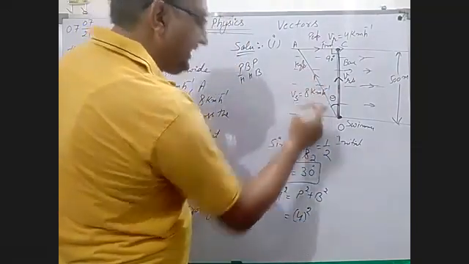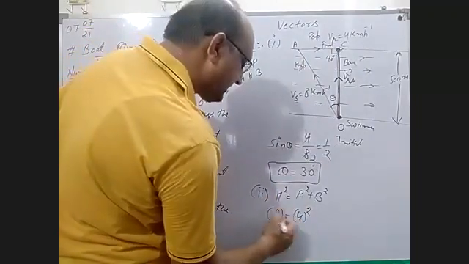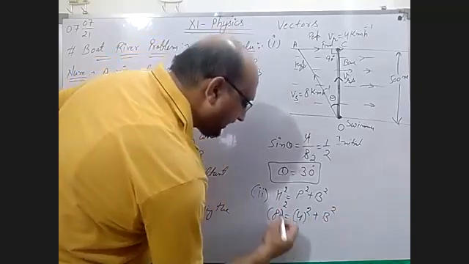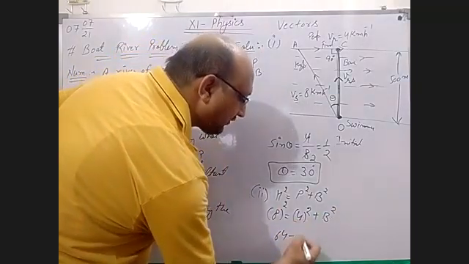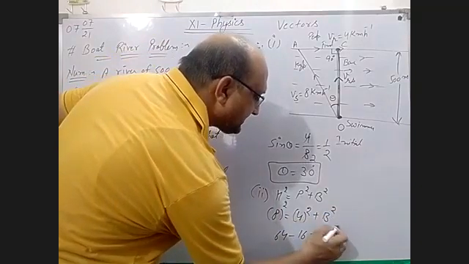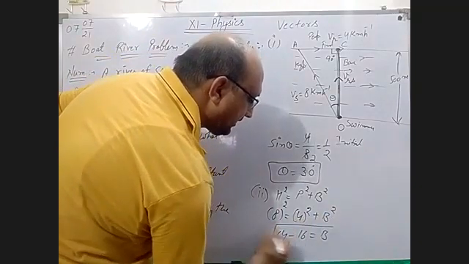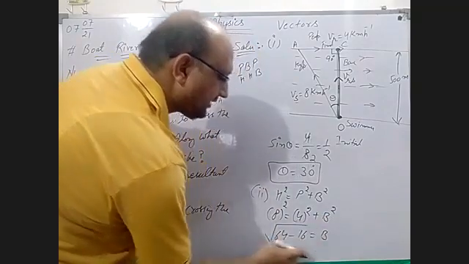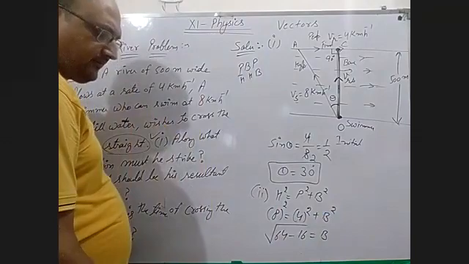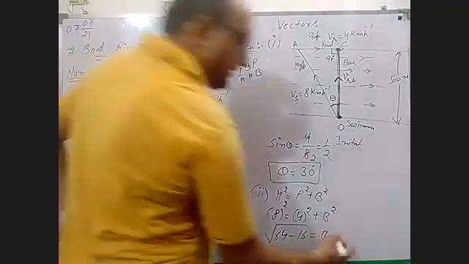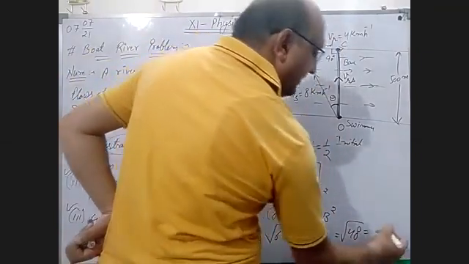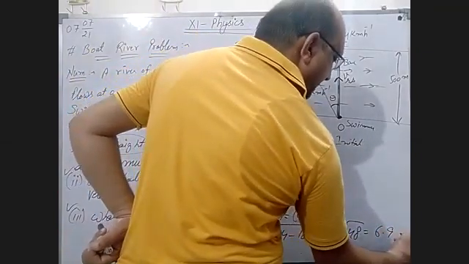Hypotenuse 8, 8 whole square is equal to 4 square plus base square. Now 8 square is 64 minus 4 square is 16 is equal to base square. You can take under root of that. 64 minus 16, 48 under the root.